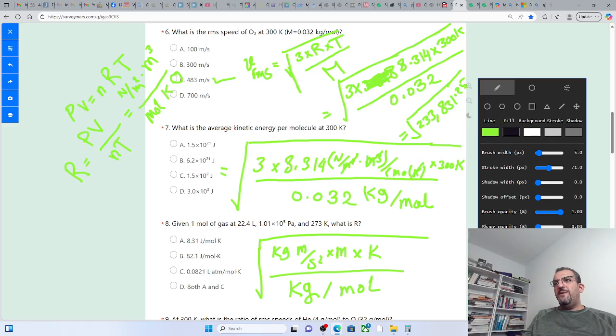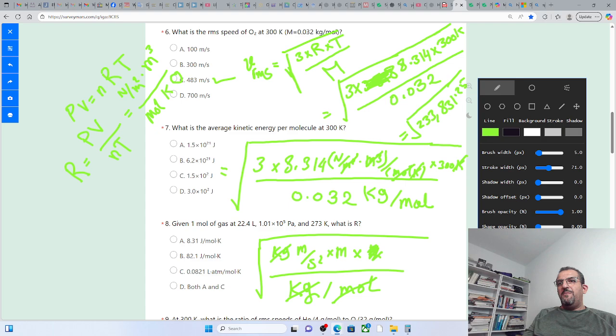I have here mole Kelvin. So this Kelvin will be cancelled with this Kelvin. And this mole right here will be cancelled with this mole right here. Okay. And the kilogram from here will be cancelled with kilogram from here.